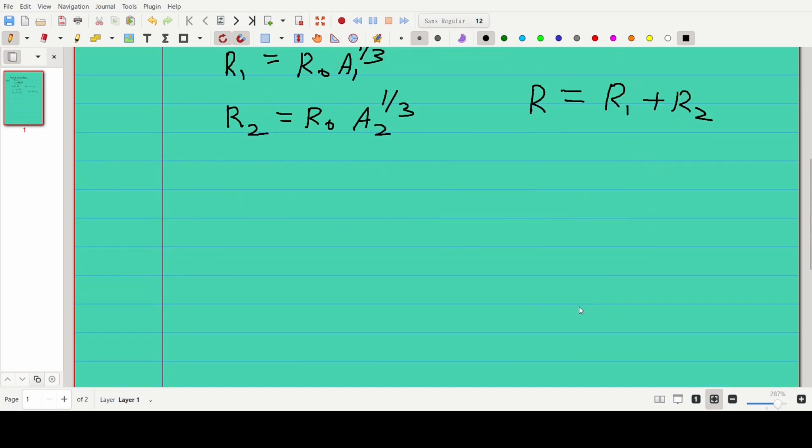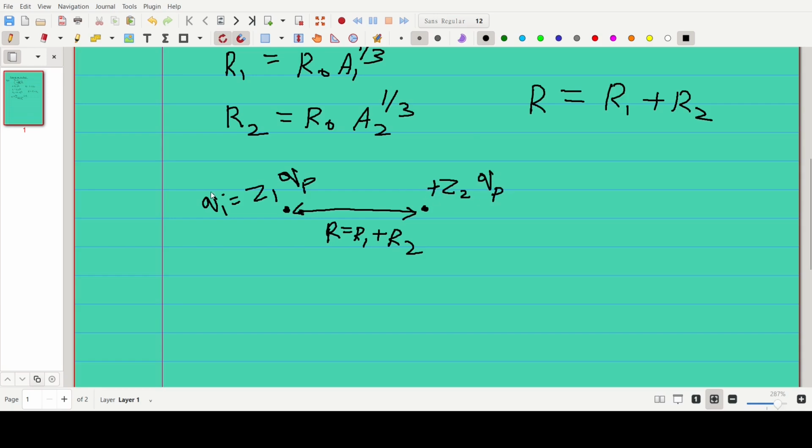So our problem has now reduced to a very simple situation where we have some charge here and some charge here, separated by a distance r equal to r1 plus r2. And what is the charge of each? It is very simple. Say q1 is equal to Z1 times the charge of a proton, and similarly here it will be Z2 times the charge of a proton.